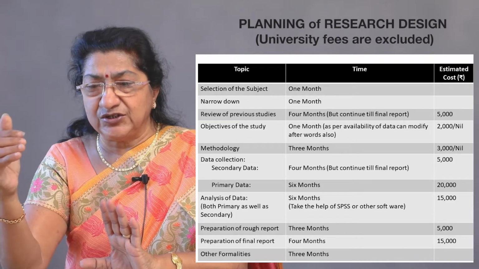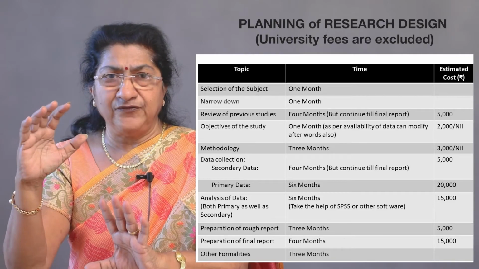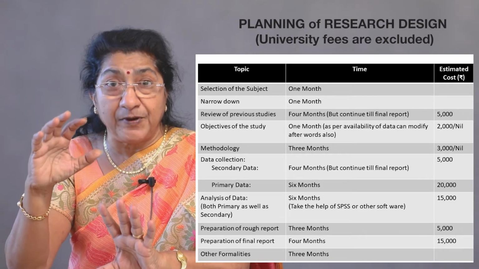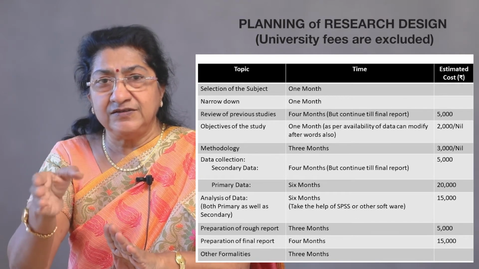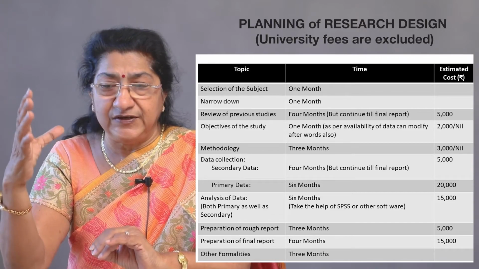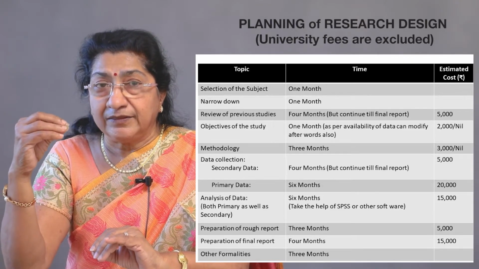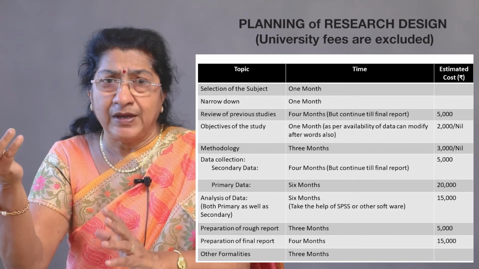The same is the case for objective. If your guide has enough time and is ready to spare it for you, then no cost. Otherwise, consult the expert and pay consultation fees. It may be 3,000 rupees or maybe more than that.